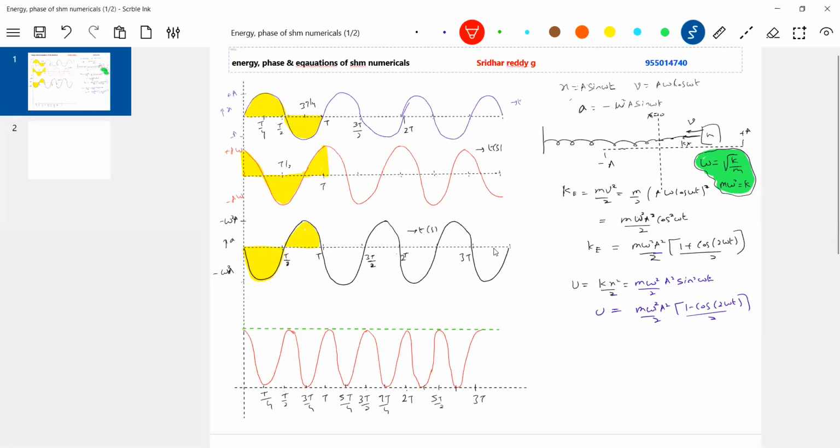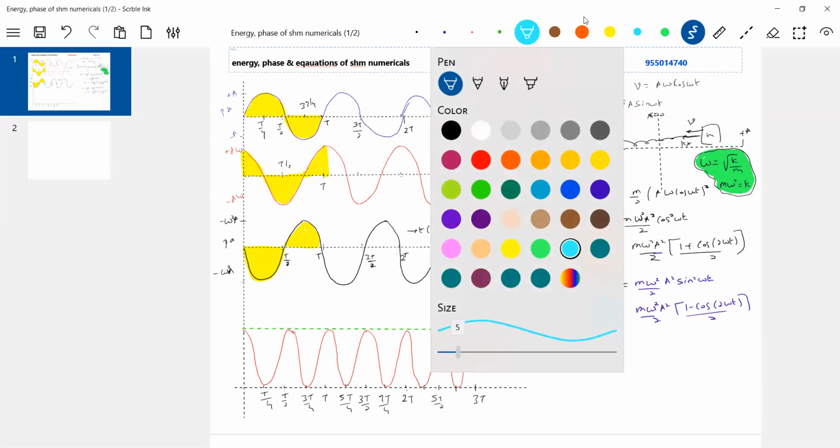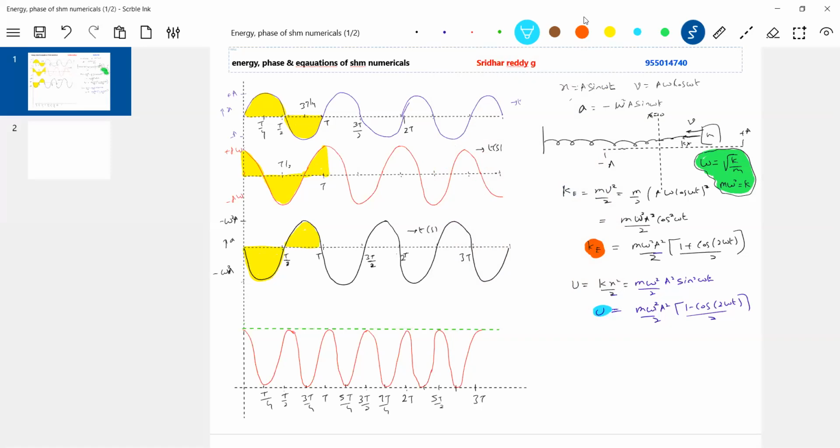This is what? Kinetic energy. The red color is what? The kinetic energy. Now we'll plot the blue color one. That will be the potential energy. How will the potential energy graph be? I'll take help of U equal to half k x squared. It's a harmonic function.